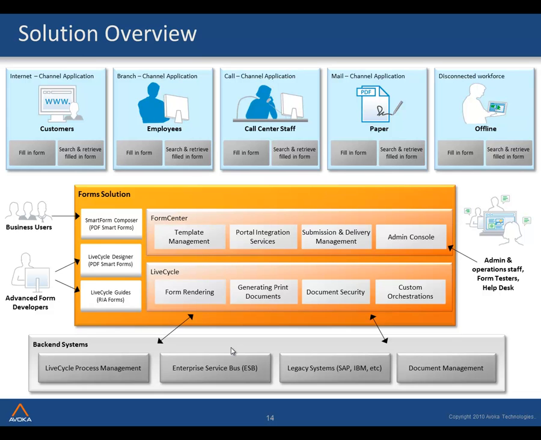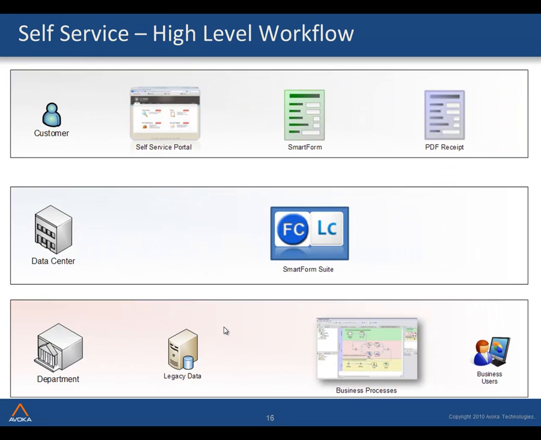Our solution is fully designed to segment your forms into different departments or owners, and to push that data through to their organization-owned back-end systems. That includes legacy systems such as SAP, or eventually integrating the system perhaps with a document management solution as well, perhaps for archiving purposes.